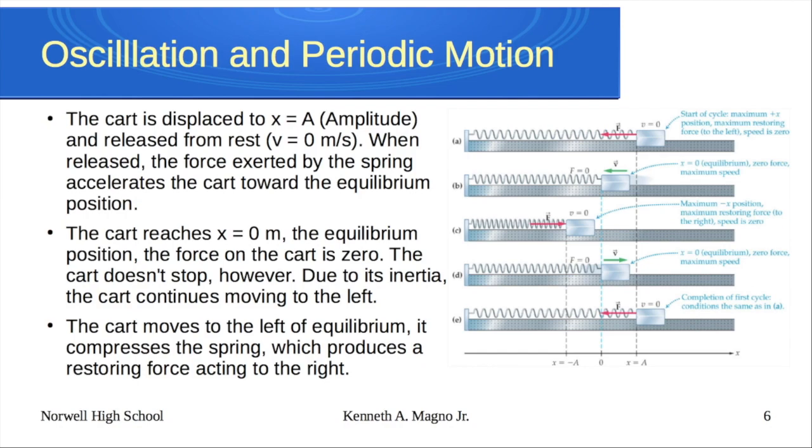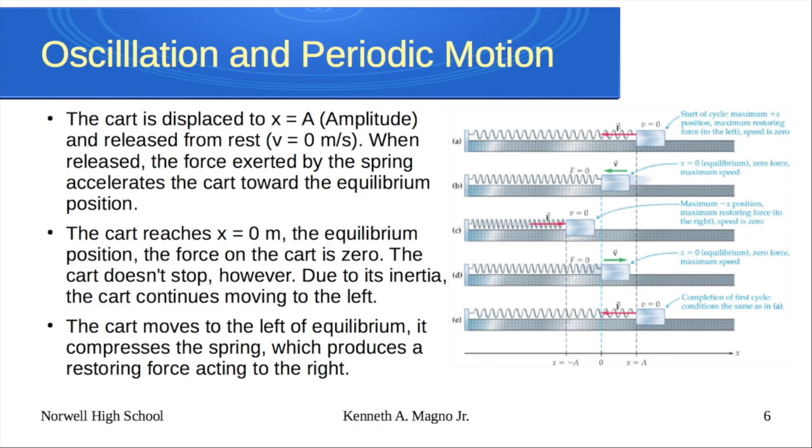So if we start this mass out at an amplitude A, so I stretched it to the right some amount A, and I let go of it, initially it has no velocity, it's not moving, but it's been displaced. So there's a restorative force on it from that spring that wants to pull it back towards equilibrium. As it reaches equilibrium, no longer is there a force on it, but it's moving, so it has a velocity. Having a velocity means it has inertia.